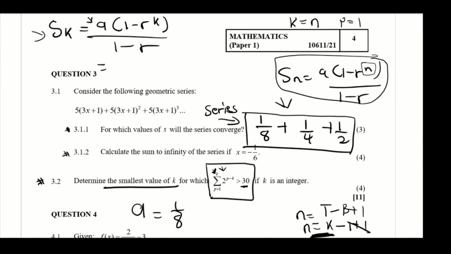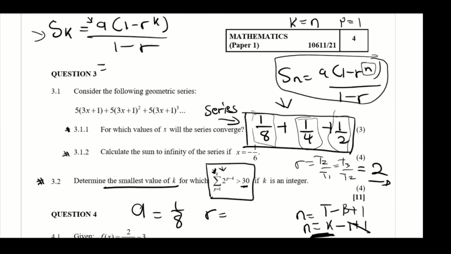How do you prove that? You need to find the ratios. So you're going to divide to find the ratios of these. You're going to say r is equal to t2 over t1 equals t3 over t2. If the ratios are the same, of which they are, I found 2 as my ratio. Therefore, this is a geometric series.